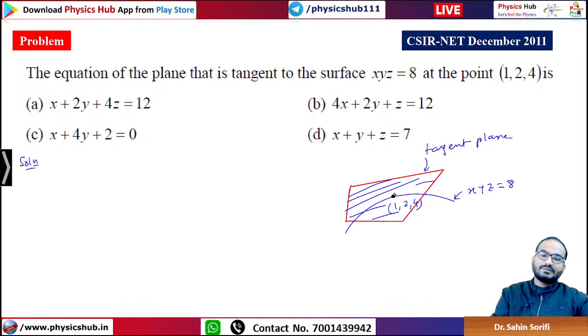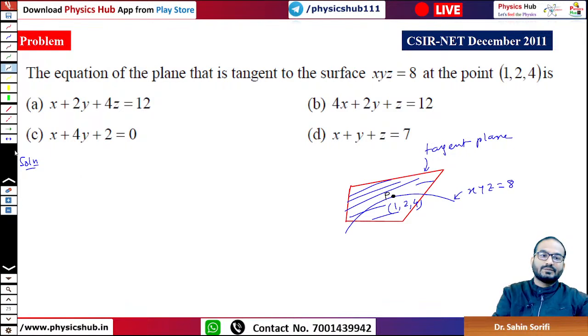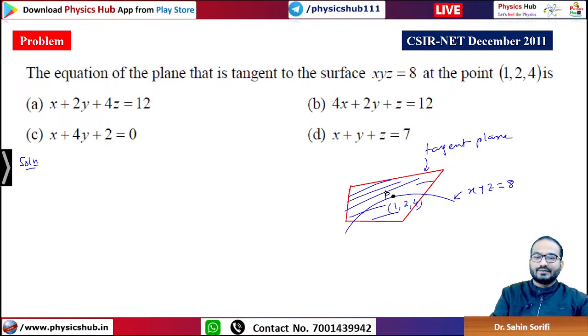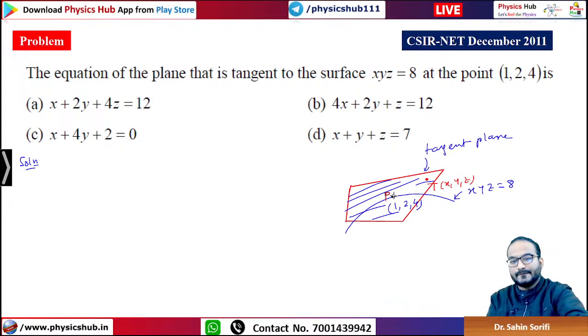So if I consider this point to be P, and let's say another point is there on the tangent plane, let's call it T, whose coordinate is x, y, z, we do not know. Then you join it, and the perpendicular you already have, that is grad phi.